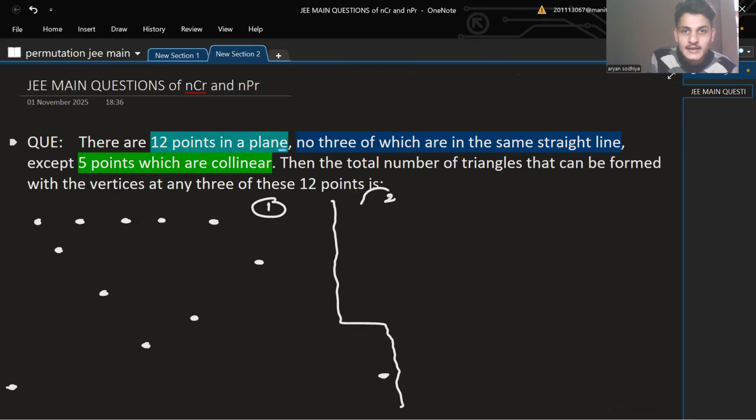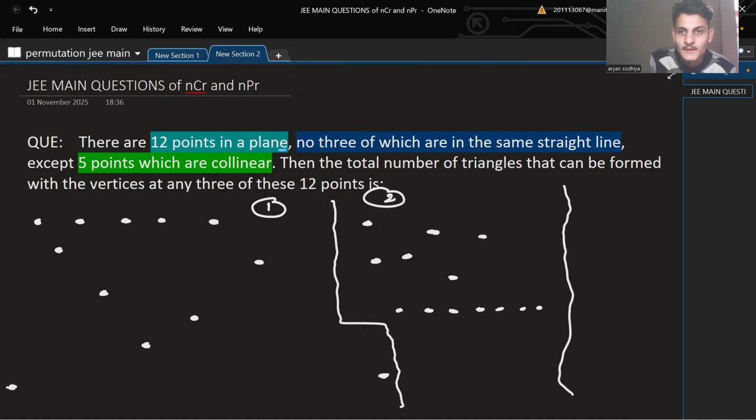And the other scenario is like this, where 5 are random and 7 are in a line. This is the second scenario. And the third scenario, it's random.